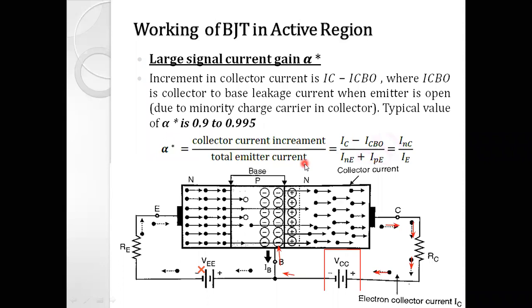What is the total emitter current? That is due to majority carrier electrons and minority carrier holes, IE. And what is the collector current increment? That is INC, that is IC minus ICBO.